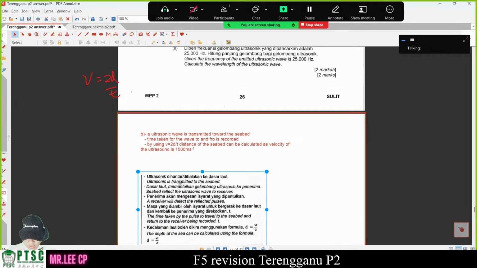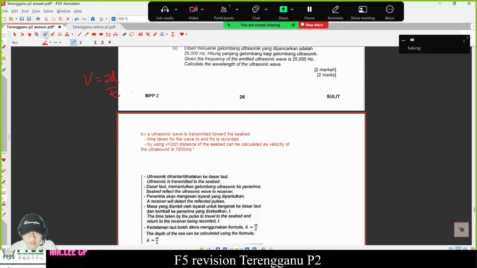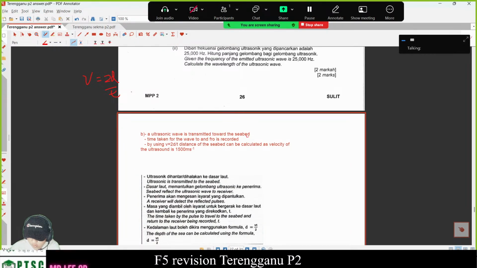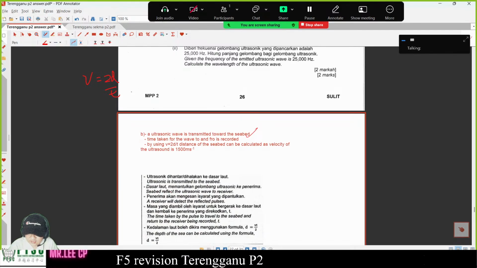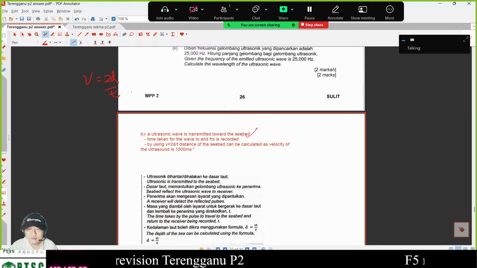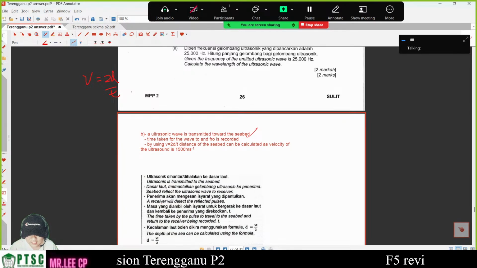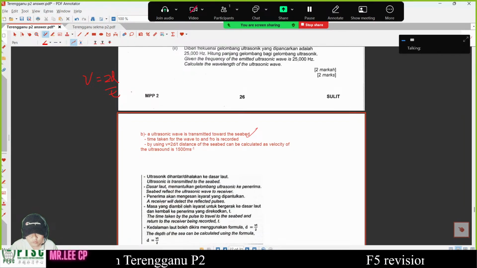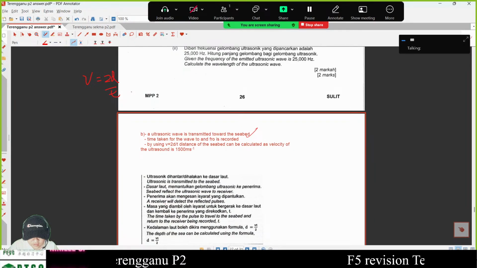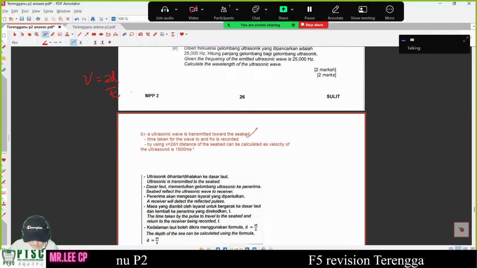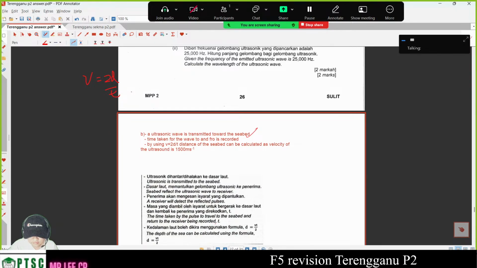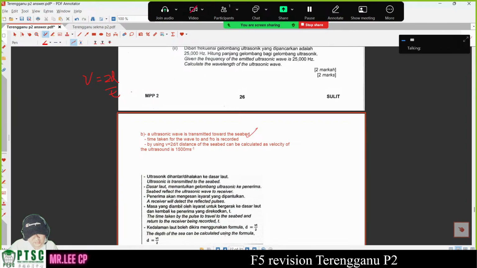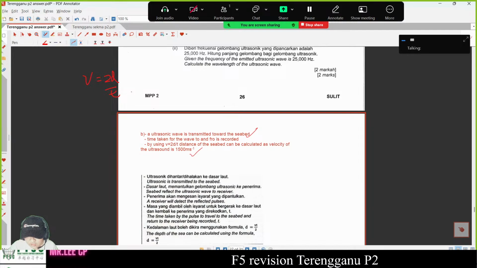So ultrasonic is transmitted to the seabed. Okay, boleh. Right. So seabed reflect. Oh, I should say reflect. So the seabed reflects the ultrasonic wave to the receiver. The receiver will detect the reflected pulse, and then the time taken for it to return and be received is recorded as T. So V is 2D over T. So these two I also got marks.